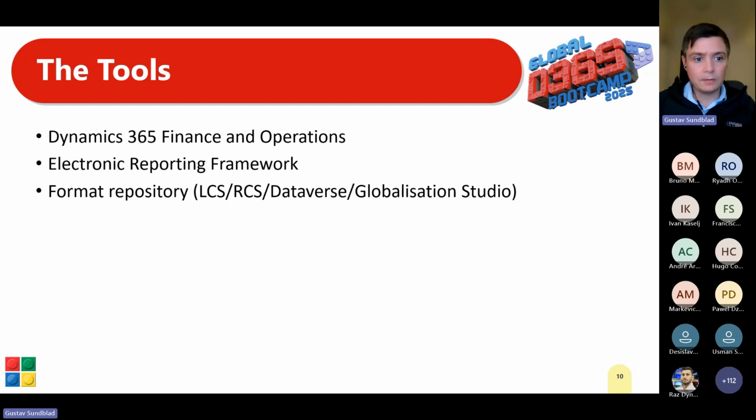I think Raz mentioned that as well earlier, the ALM platform, Lifecycle Services, and then it moved to, and this will not be on any test, so I don't think you will note that Dataverse is the final solution here, but it moved from LCS to RCS, which stands for Regulatory Configuration Service. Microsoft always loves their abbreviations and portals, but now it's moved from RCS, and I hope that's the final step here, into Dataverse, which makes more sense.